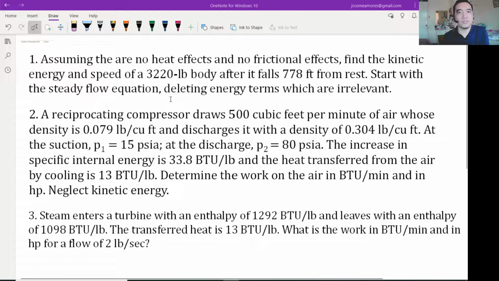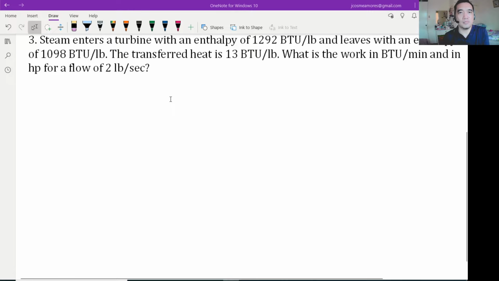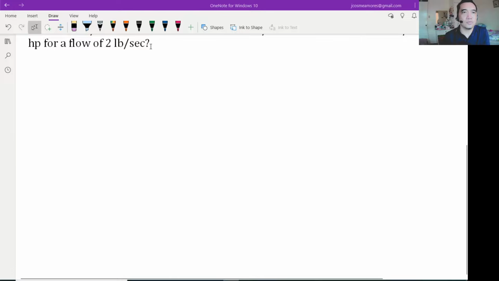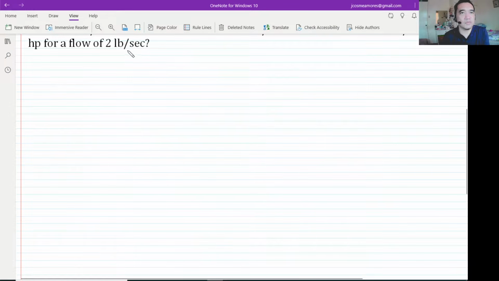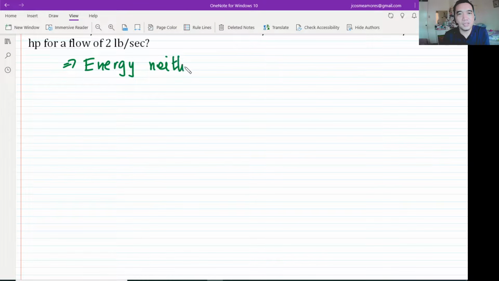So this is conservation of energy, and before we go ahead and solve those three problems, I just want to point out first what the law of conservation of energy is. It states that energy is neither created nor destroyed.